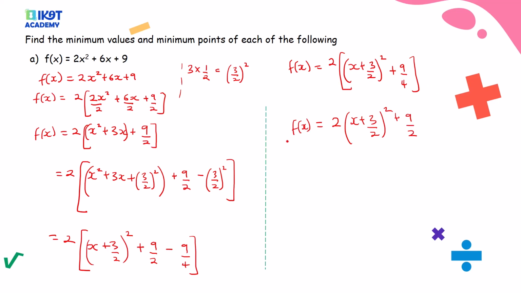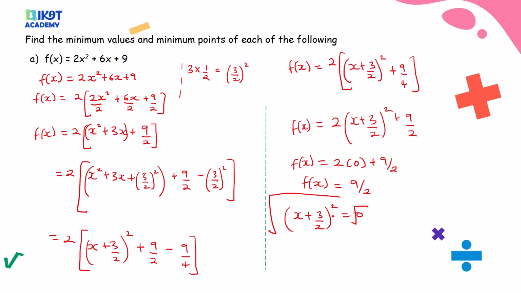Remember I said the maximum or the minimum value will always occur when this is 0. So this will be equal to 2 into this plus 9 out of 2. So at the minimum point here, it's 9 out of 2. Then now we equate x plus 3 out of 2 squared to 0, square root of both sides.